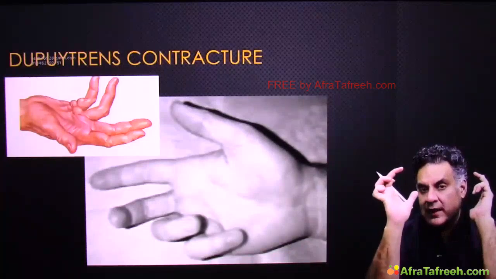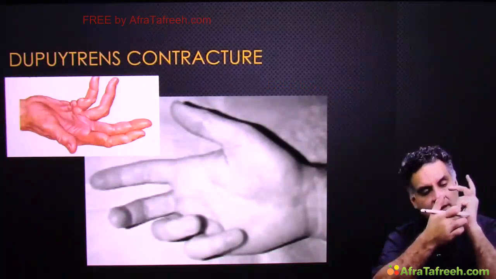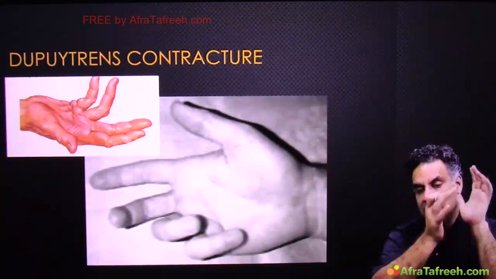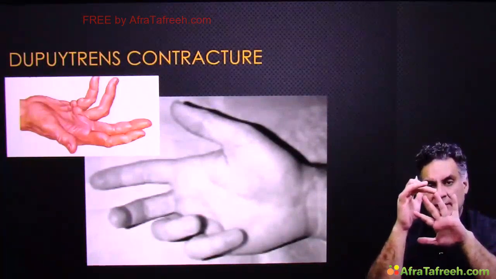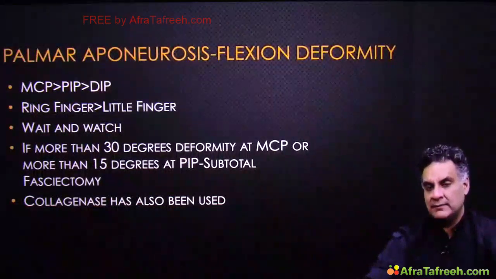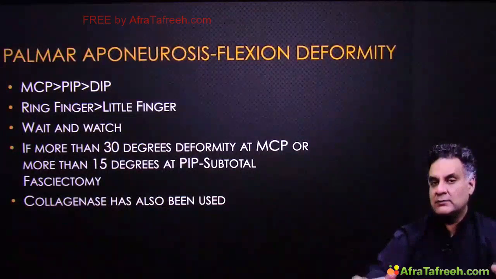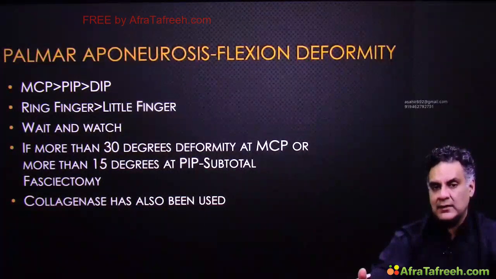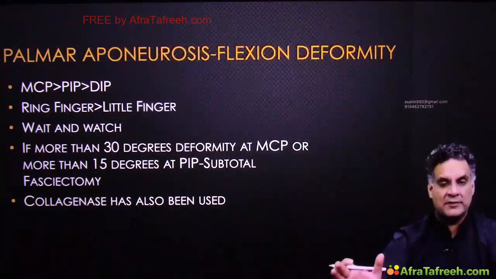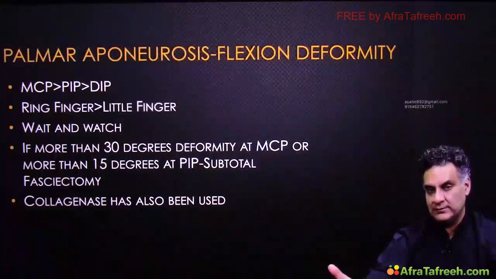Claw hand occurs because of the absence of lumbricals, but here, because of palmar aponeurosis contracture, the MCP and interphalangeal joints flex. Dupuytren's contracture involves the ring finger more than the little finger. MCP followed by PIP followed by DIP. Treatment is wait and watch. But if the patient has more than 30-degree deformity at the MCP or more than 15 at the PIP, you will do a surgery, subtotal fasciectomy. This is a disease in which collagenase has also been used.